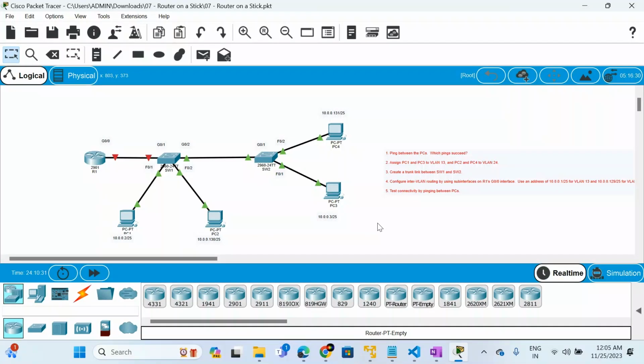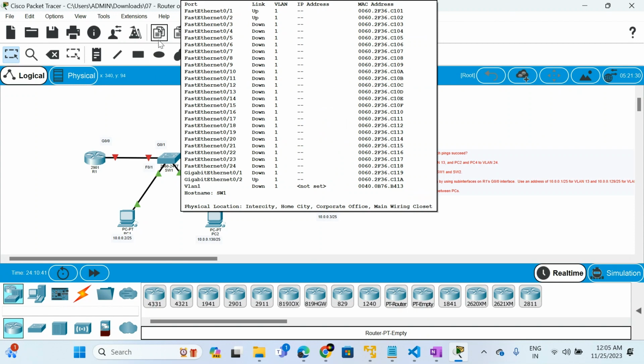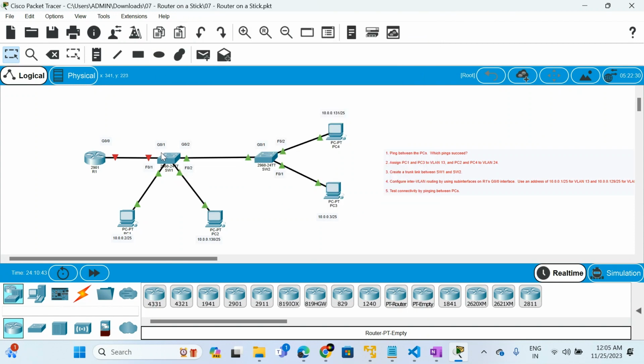Saying router on a stick means we have seen VLANs being configured over different collision domains. Here, a bridge like a switch is used for dividing the broadcast domain.